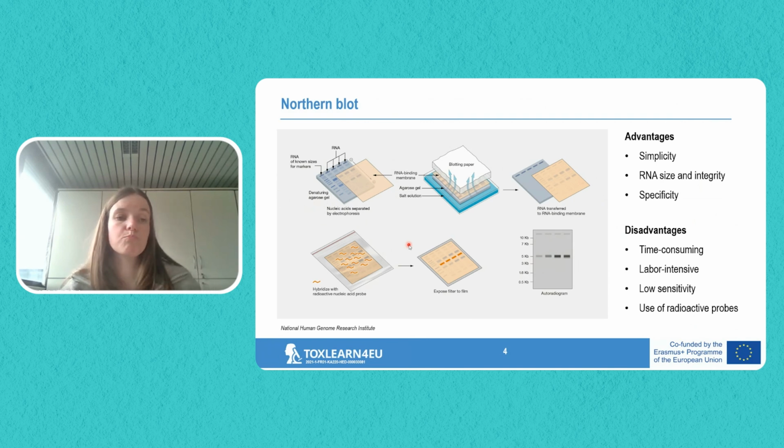So those are mostly interesting when you want to measure the expression of only a small set of predefined genes. However, when you want to perform a broader screening, for example, when you want to test which processes are affected by a certain toxic compound, then you can use different methods.